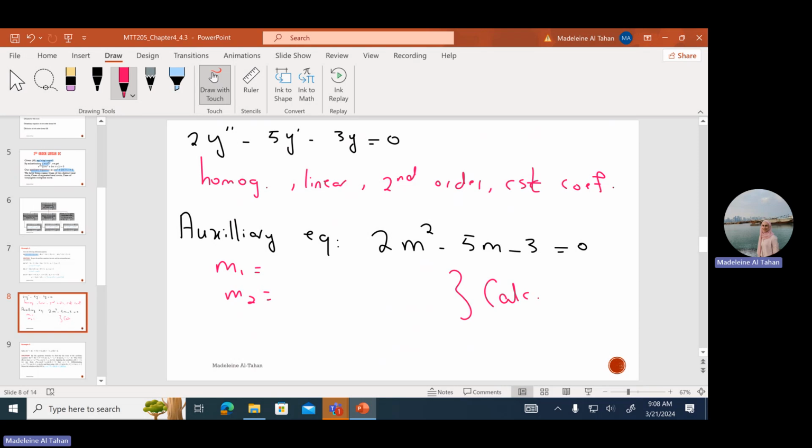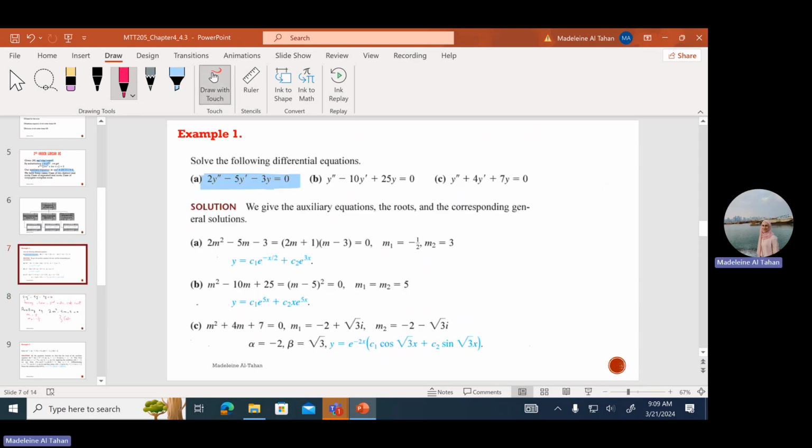What are m1 and m2? m1 equals 3, and m2 equals minus half.